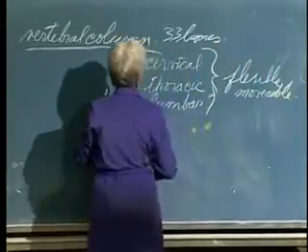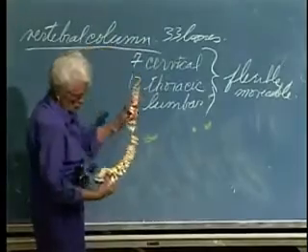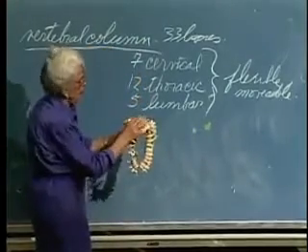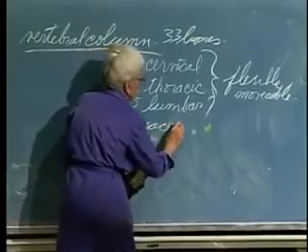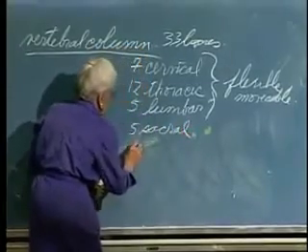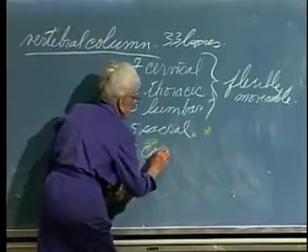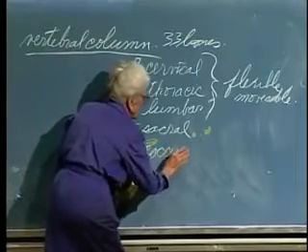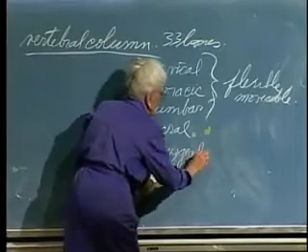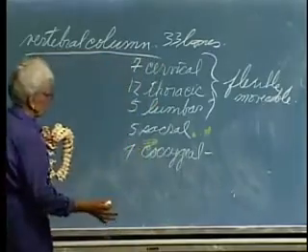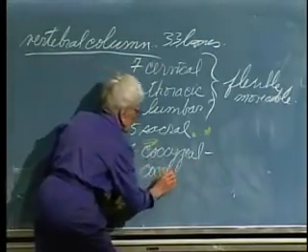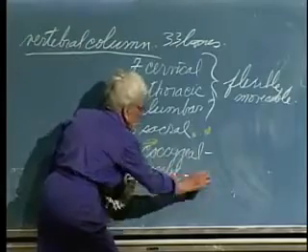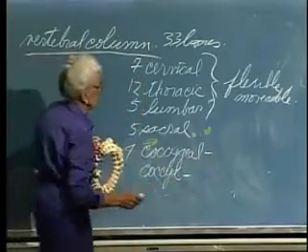And then we have the immovable, the sacral, 5 sacral, and 4 coccygeal. When you speak of the coccyx, it's the same thing. And these are immovable.